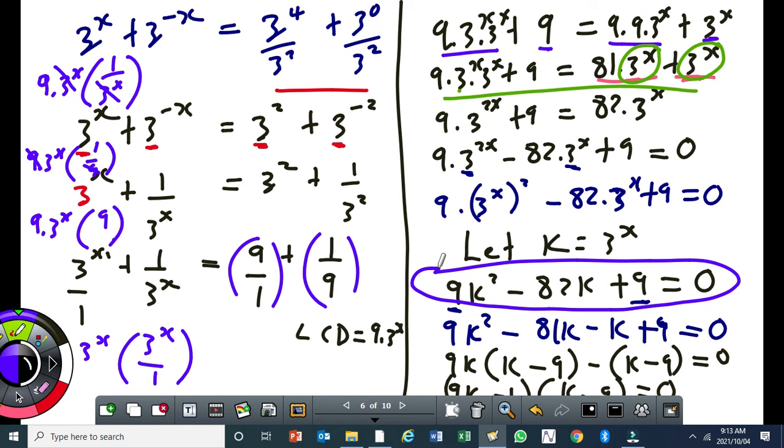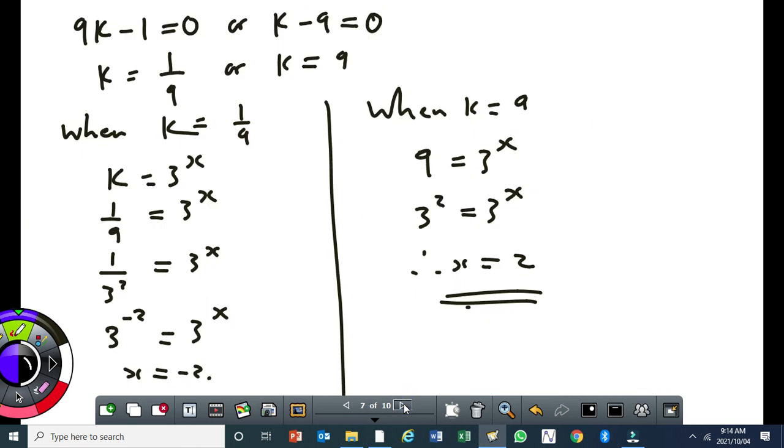No. You have another option, which is the easiest option. Which is the what? The quadratic formula. Don't get here and start wasting time trying to figure out how you are going to factorize this. Use the quadratic formula, and you never go wrong. You will come to these two solutions. So don't try to factorize. Write down your quadratic formula, substitute into it.